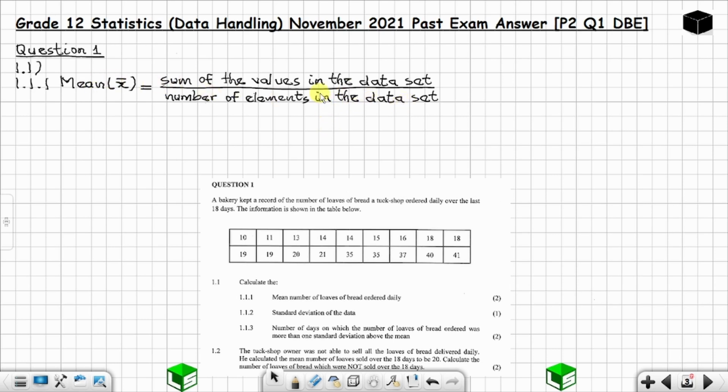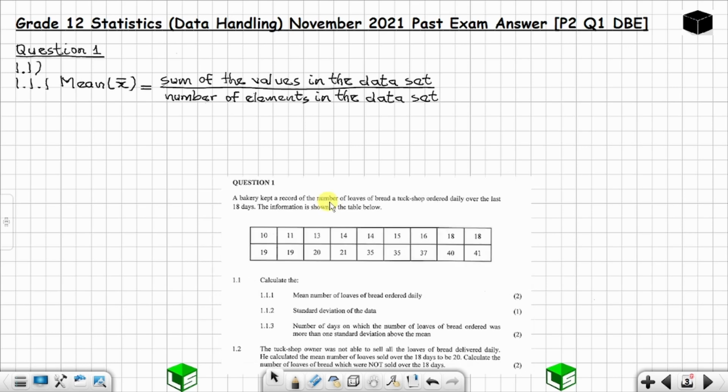You can also calculate the mean by using a scientific calculator. When using a scientific calculator, all you have to do is plug in these values and the calculator is going to do the job for you and find the mean. As for now, let's use this formula. Maybe in the next question 1.1.2, I'm going to show you how you can use a scientific calculator to find the mean.